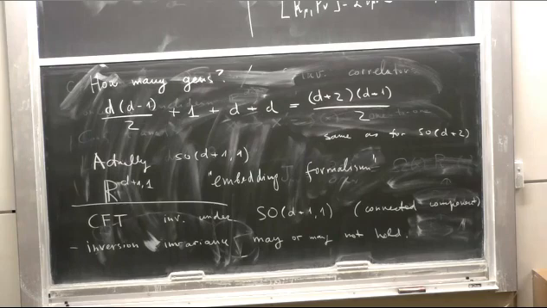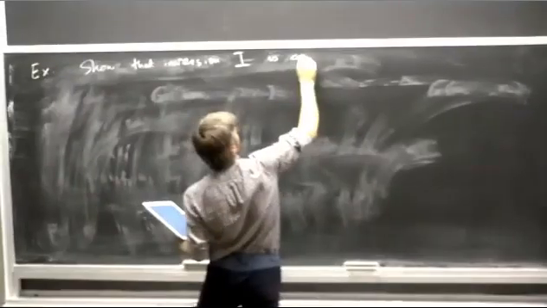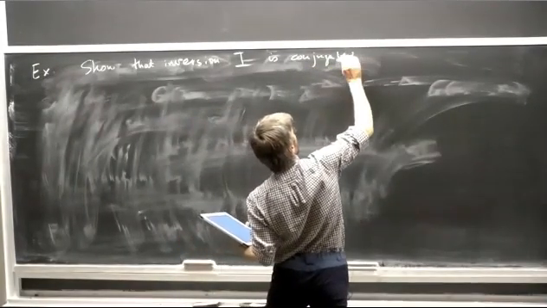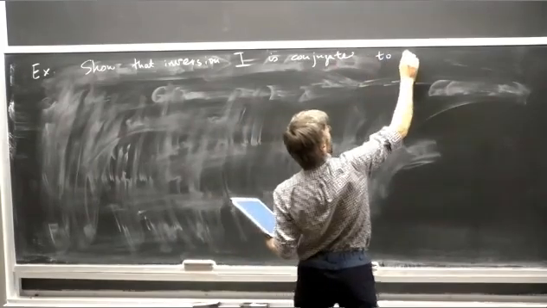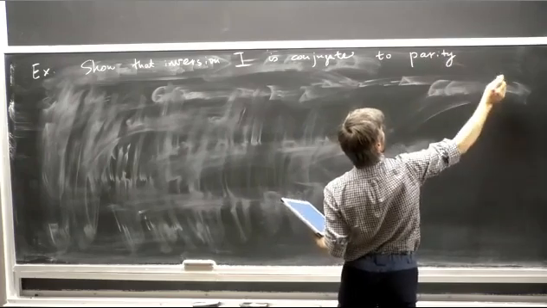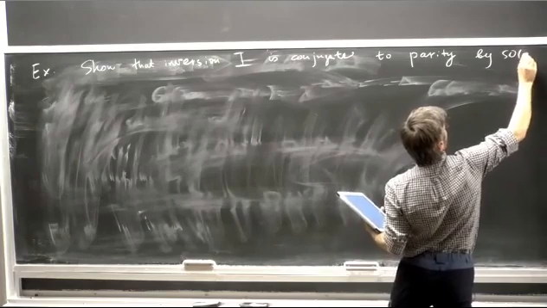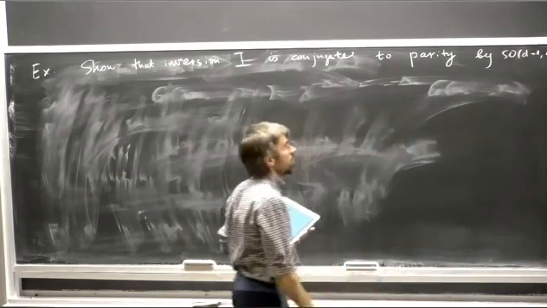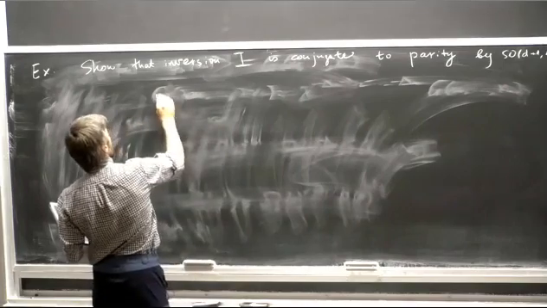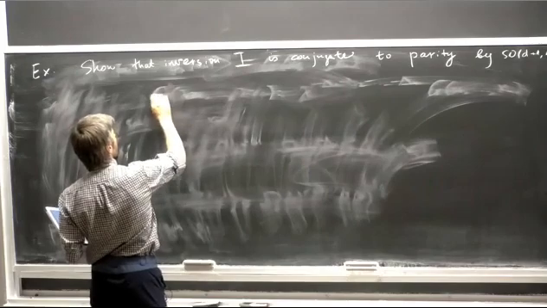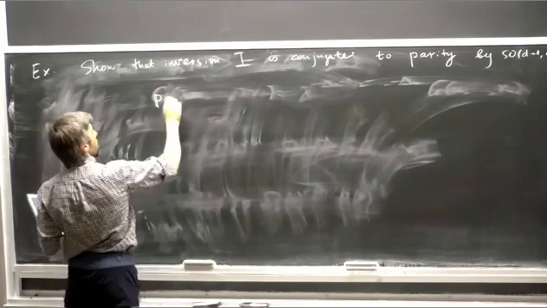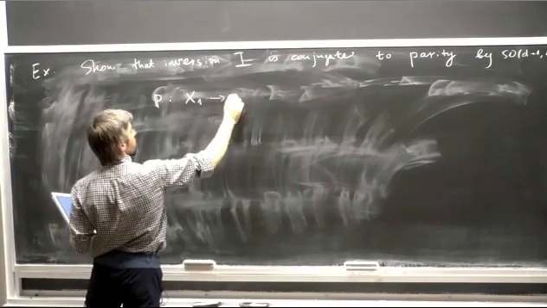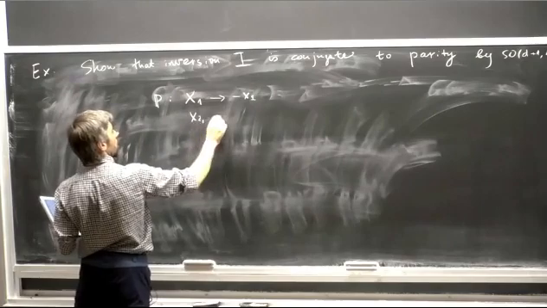This is an exercise: show that inversion I is conjugate to a parity transformation by SO(d+1,1). Parity, let me call it blackboard P, sends x1 to minus x1 and leaves x2 up to xd invariant.